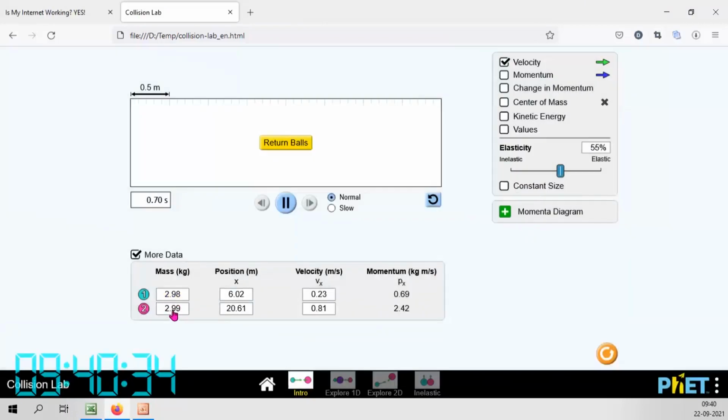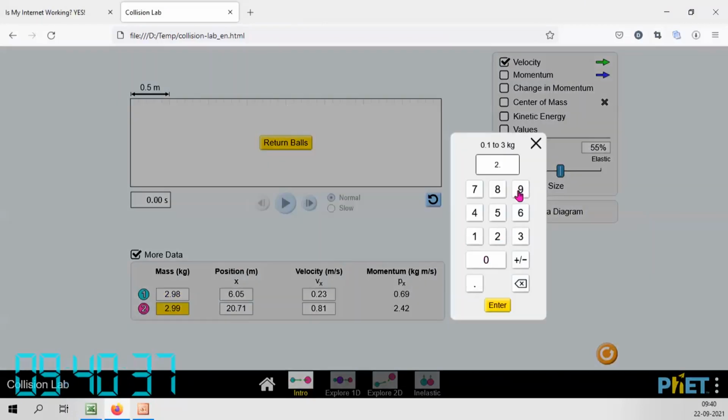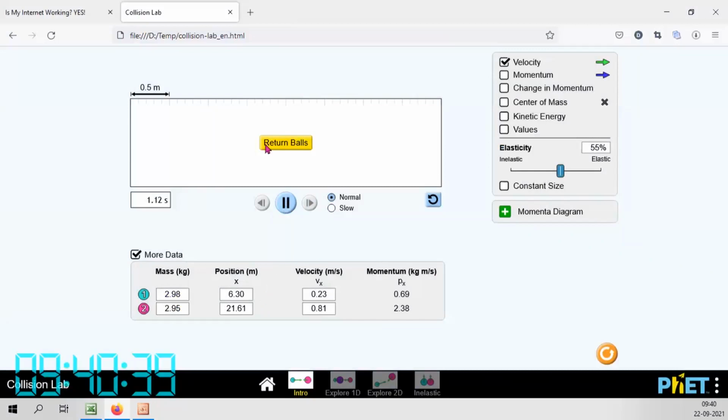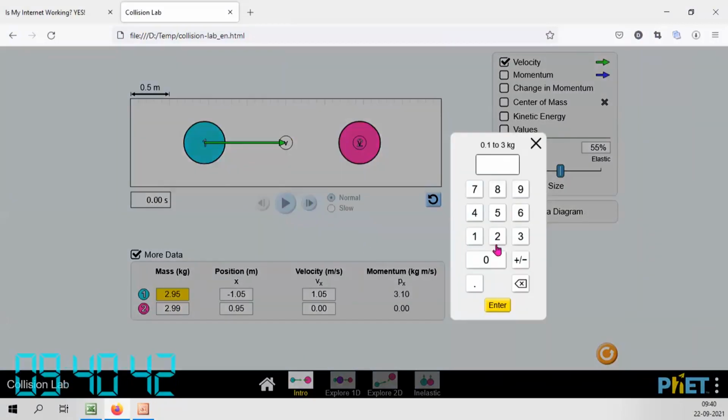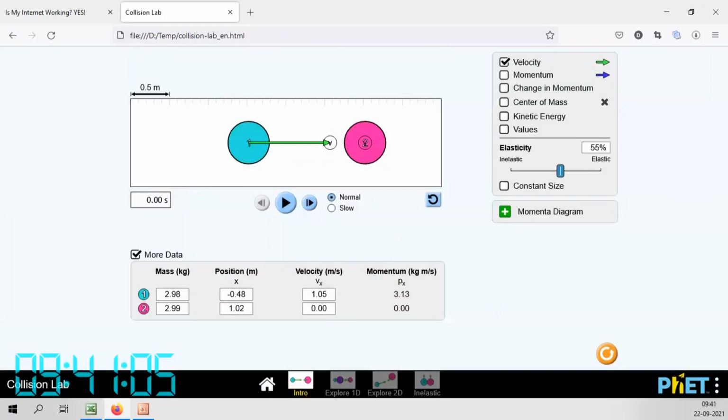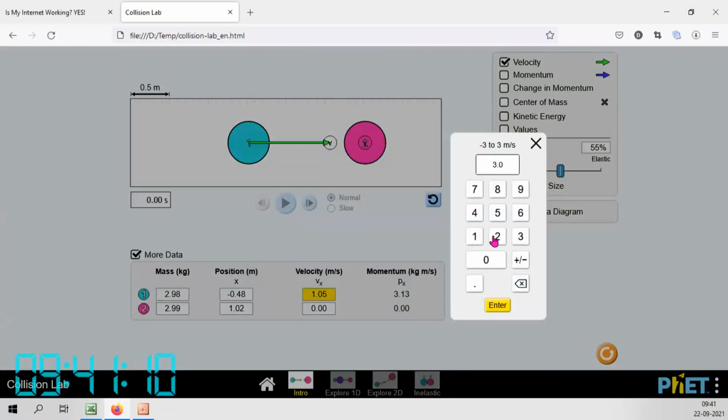So 2.98, 2.95, sorry, 2.98, 2.99, then minus 0.5, 1, minus 0.48, 1.02, and 3, 1, 3.02.